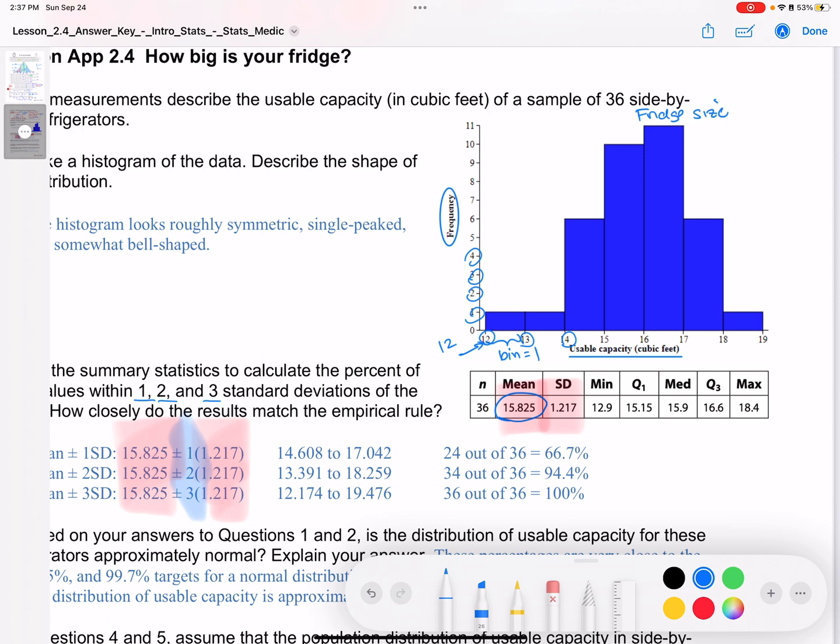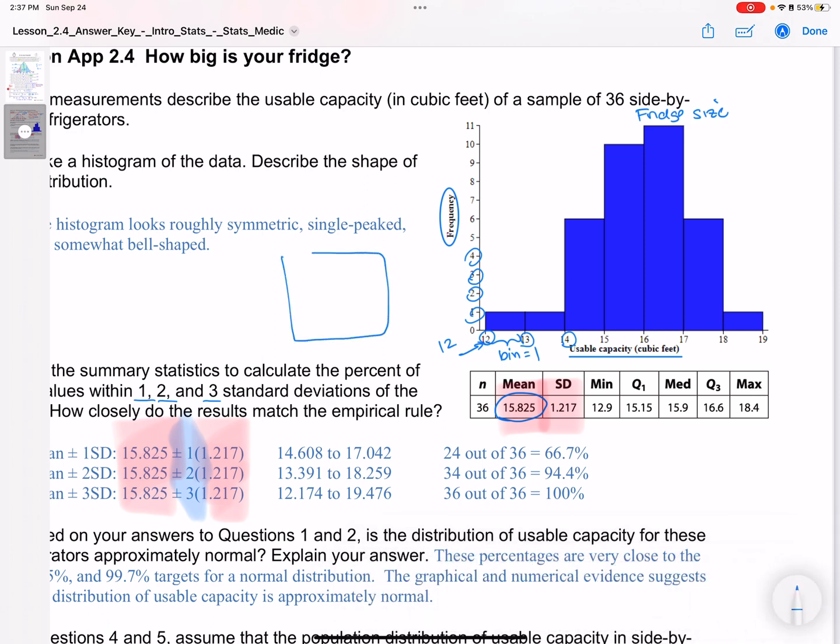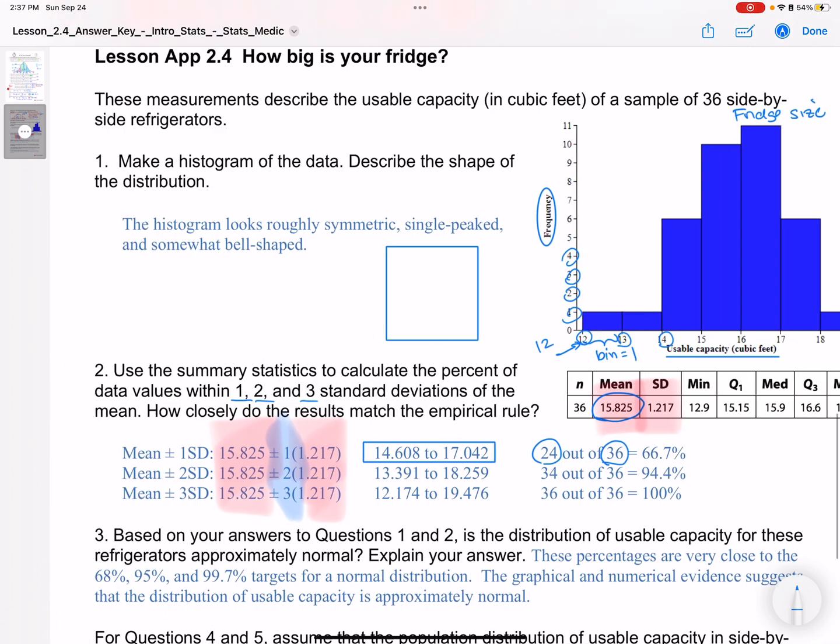So what I'm doing then is, this doesn't have it, but yours had a list of data, and that's how we got the histogram. But I am counting to see how many pieces of data are between 14.608 and 17.042. If they equal 17.042, that's contained. So when I counted, I found that 24 out of 36, because I have 36 pieces of data, were contained within one. This is called one standard deviation of the mean.